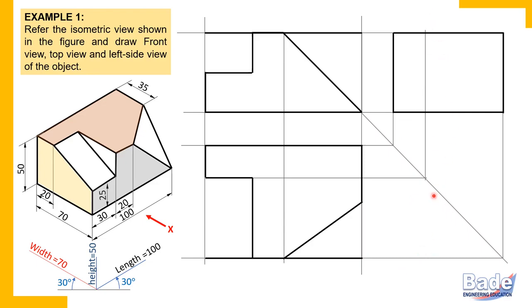It's your choice. But remember, for smaller details, I avoid drawing such projectors because you can easily measure 20 millimeters here. So from the back at top, measure 20 millimeters. This edge is 20 millimeter long, parallel to width.